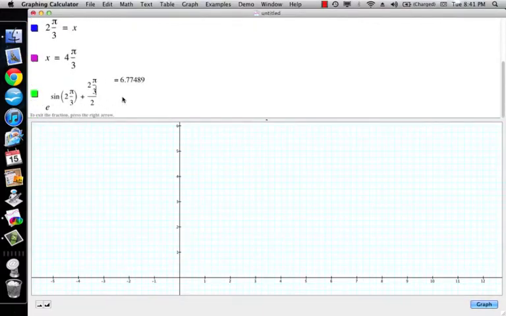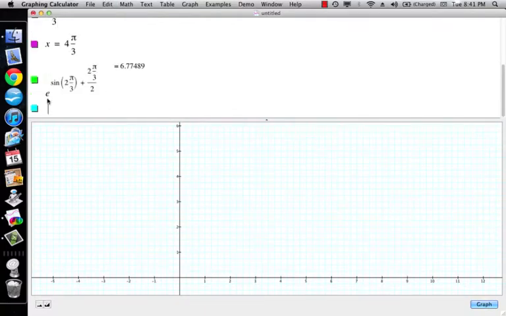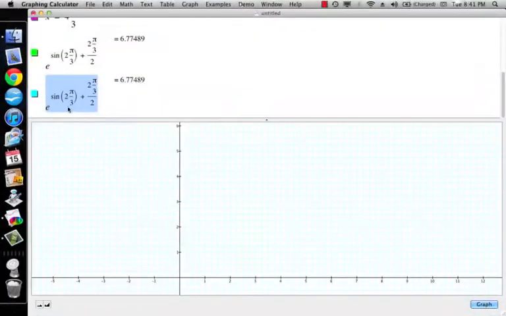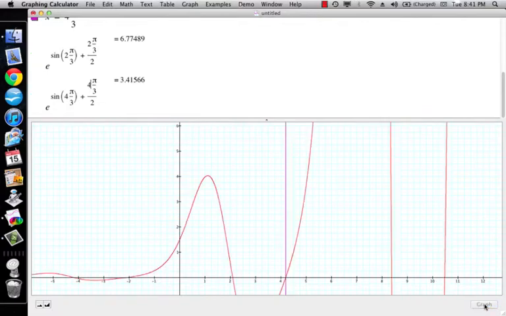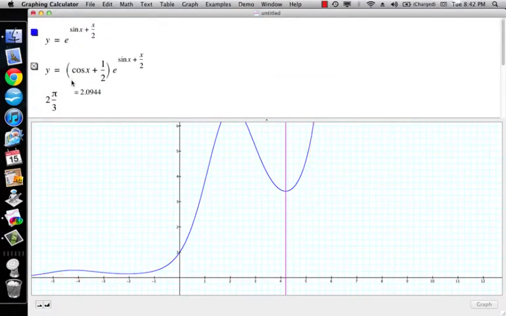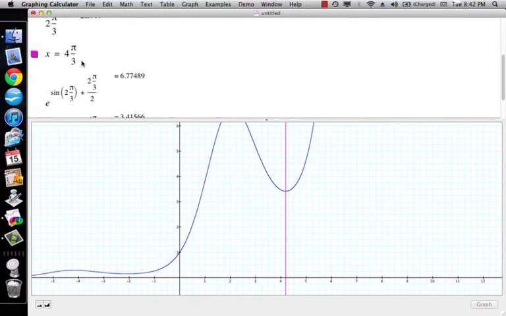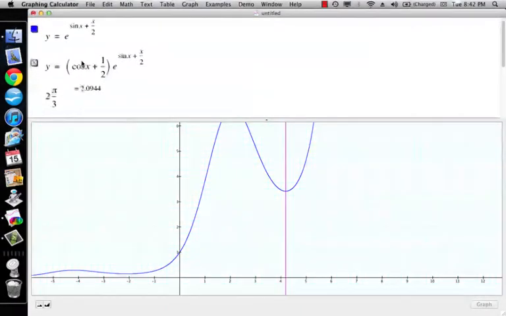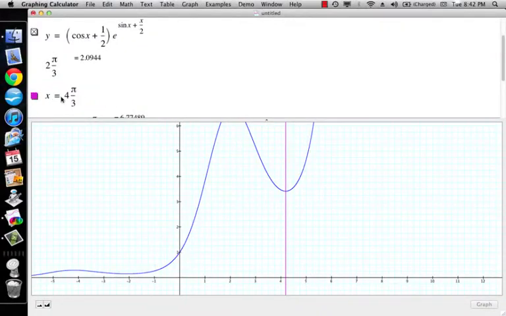Let's take this, copy it, and change those to 4s. Let's turn everything off except for our original function.